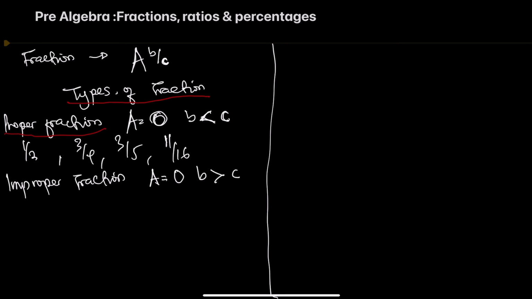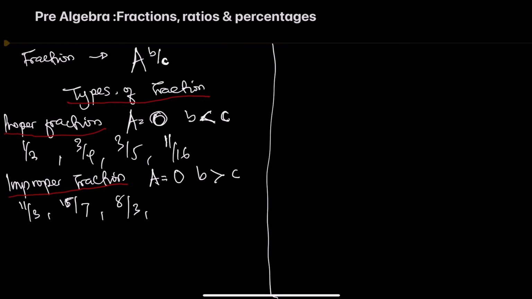What are examples of these cases? We have 11 over 3, 15 over 7, 8 over 3. We have this type of examples.